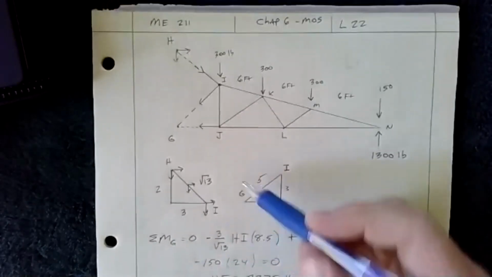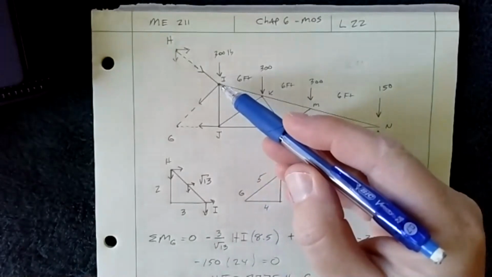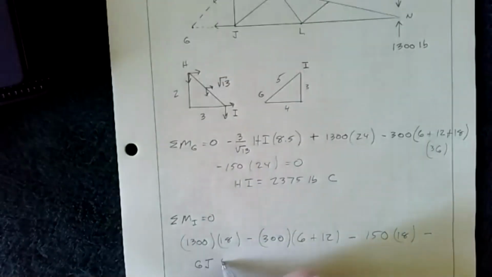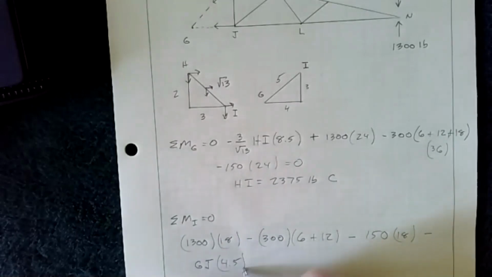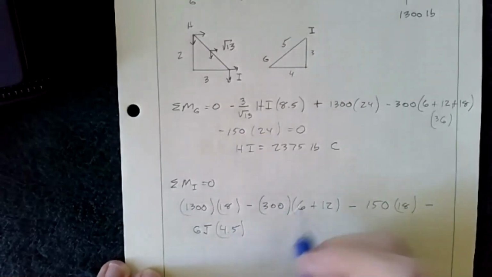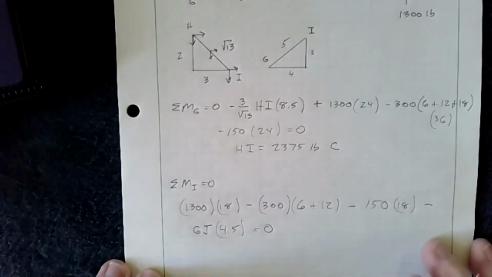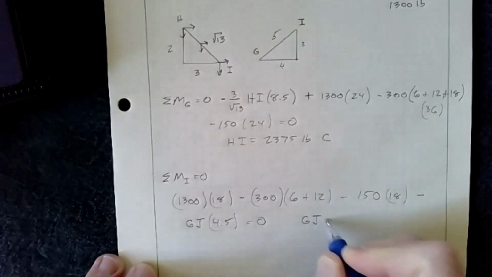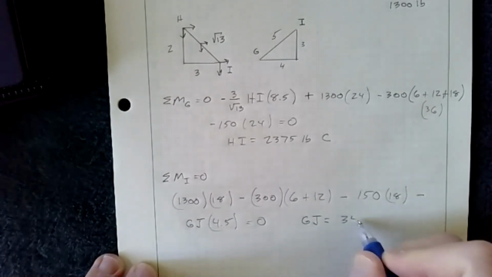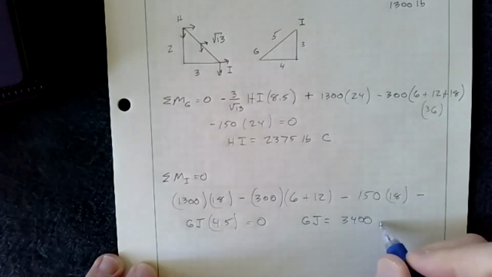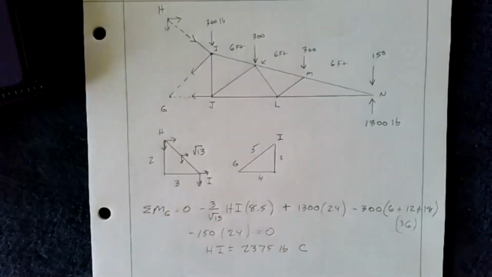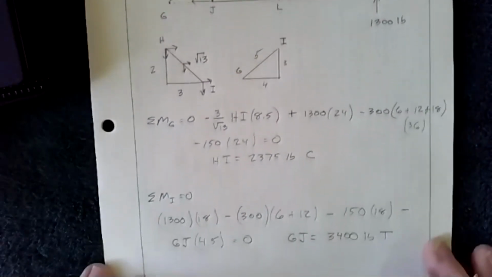GJ is where? It's a vertical distance of 4.5 feet. All right, and that all equals 0. So what we end up with then is GJ equals 3,400 pounds, and it's in tension. And that's what I guessed, and so I was correct.